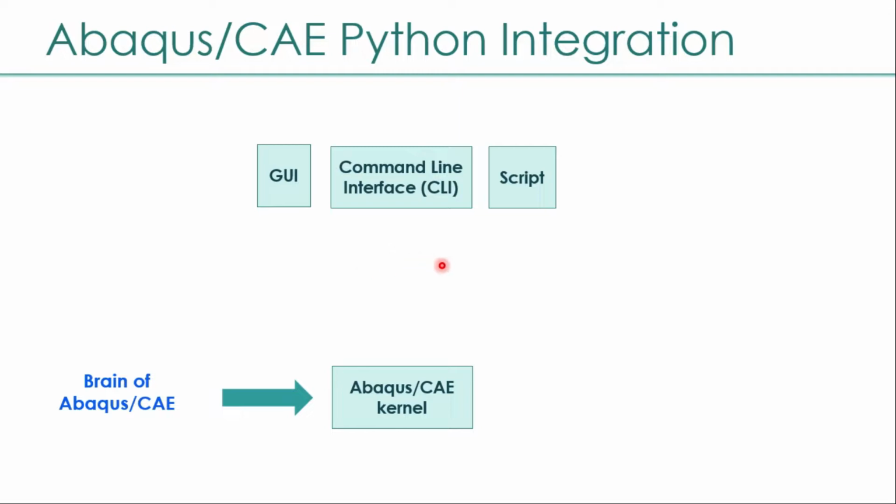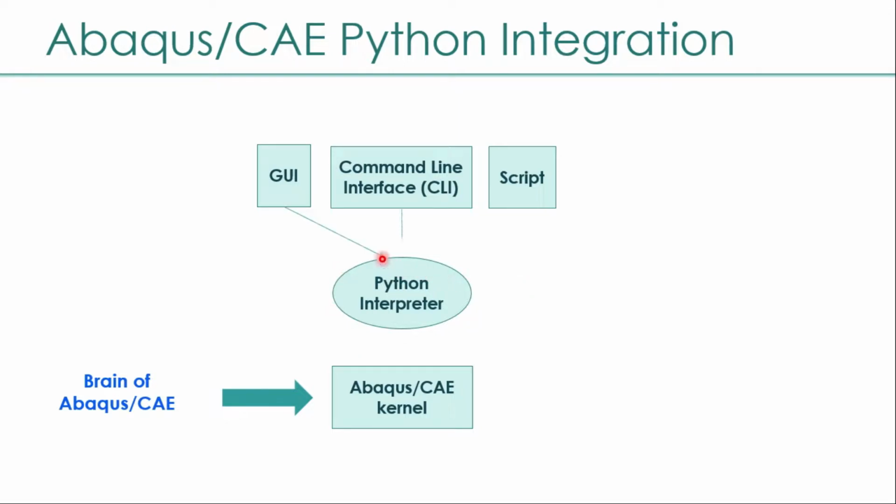That's where our main part comes, which is going to be essential in order to learn Abaqus Python scripting, and that is something called the Python interpreter. This interpreter takes all the commands given by the GUI, CLI and scripts, and it interprets them. For example, if you have given something wrong as an input, then it interprets those commands, and if something goes wrong, it will throw a particular error.